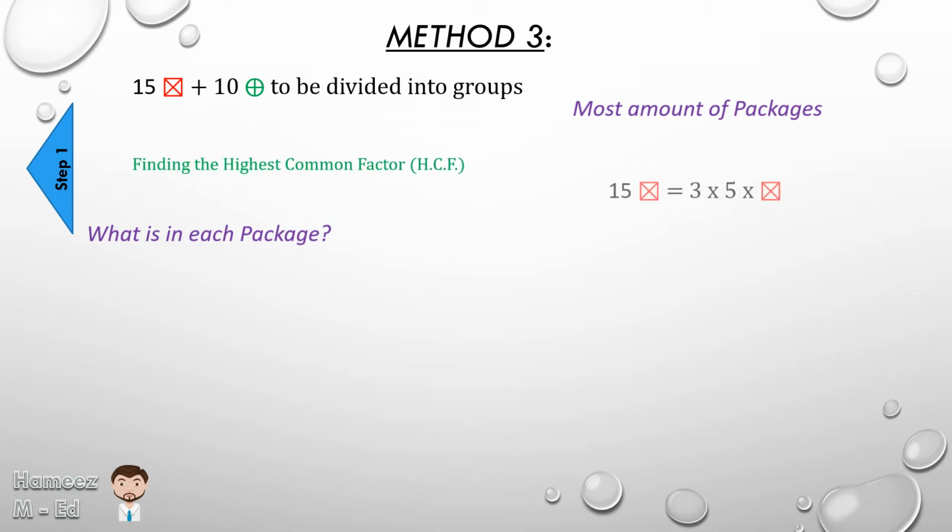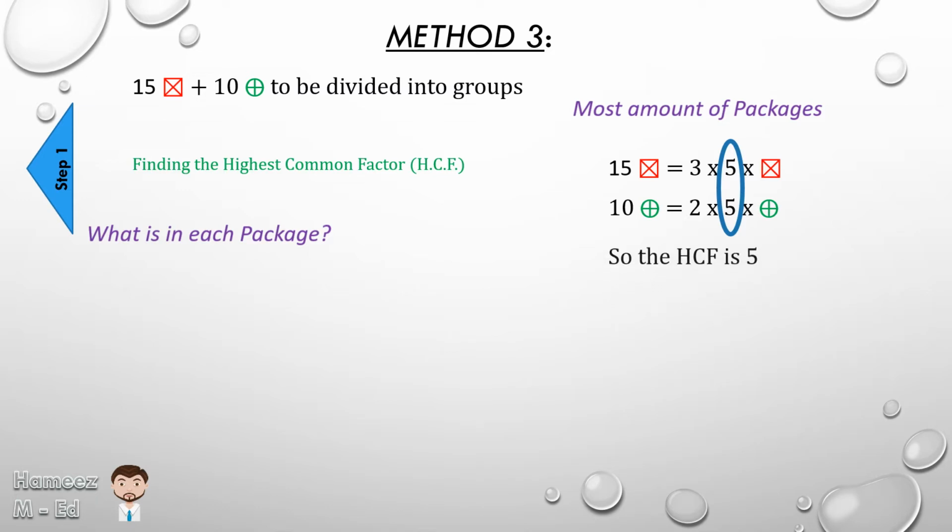Breaking up the 15 puzzles will give us 3 times 5 puzzles, and 10 circles will be 2 times 5 circles. Since 5 is the same in both of them, the HCF is 5, and this tells us that the most amount of equal packages that we can make is 5.